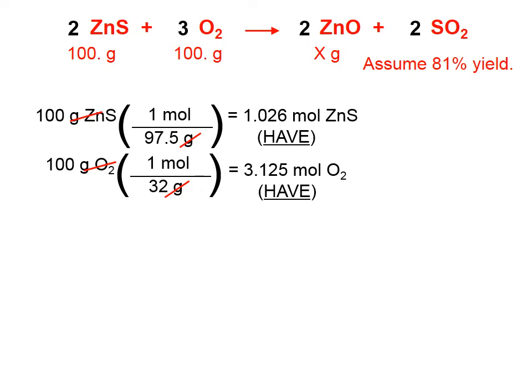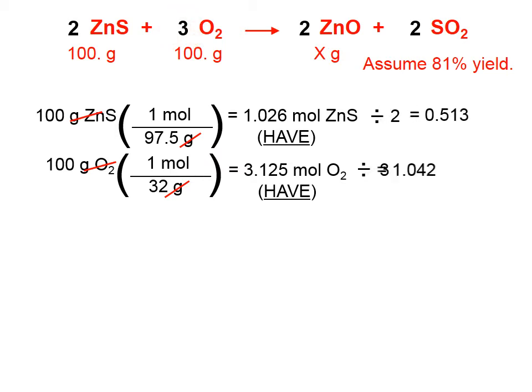The next step in the limiting reactant procedure that I use is to divide each of the number of moles by the respective coefficients in the equation. On the reactant side, you can see at the top of the screen in the left, we've got a coefficient of 2 in front of the zinc sulfide, and in front of the oxygen a coefficient of 3.